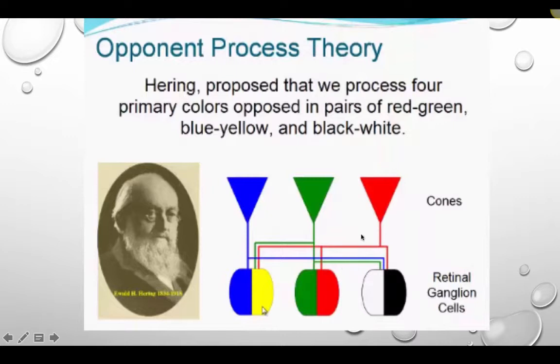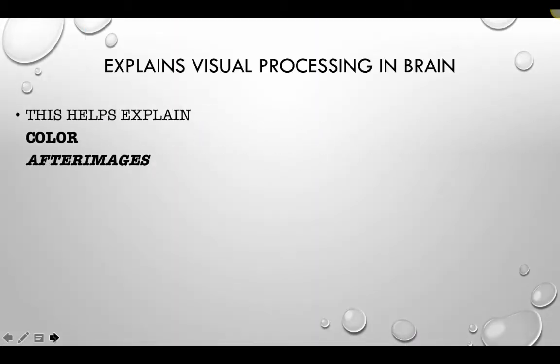But if we're staring at one of those colors for too long, the brain will still hold that color image constant because vision is so important, even though those cells are being fatigued. But what if we look away from that color? What if we look away at a white wall? Well, we're going to see what happens in a minute, okay?